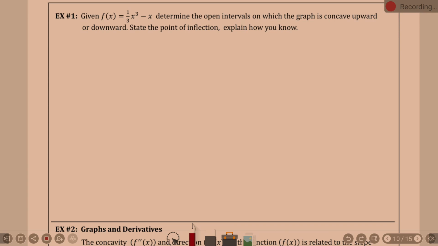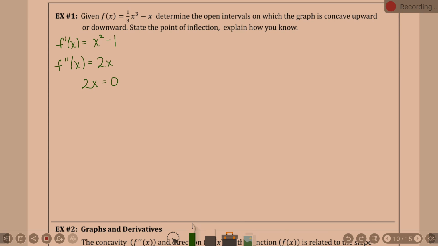So, first derivative is x squared minus 1. Second derivative is 2x. Set your derivative equal to 0.